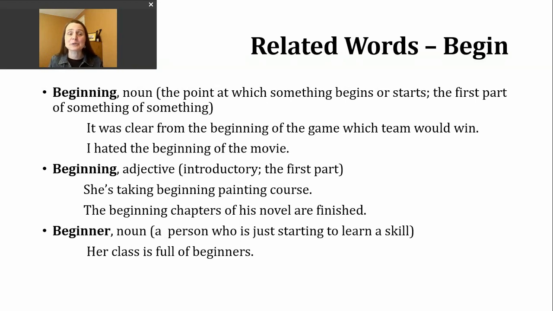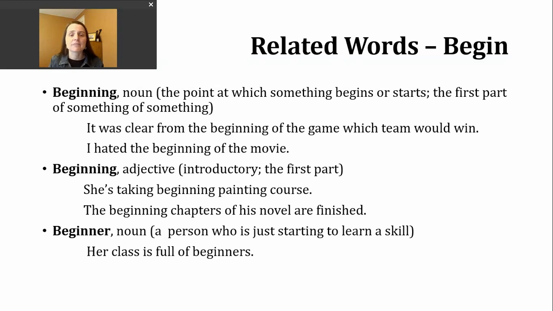Many times you'll see beginning used as an adjective to describe a lot of language classes. Someone might be taking a beginning Spanish class. I have previously taught beginning ESL courses. A second way you can use the adjective beginning is to refer to the first part of something.